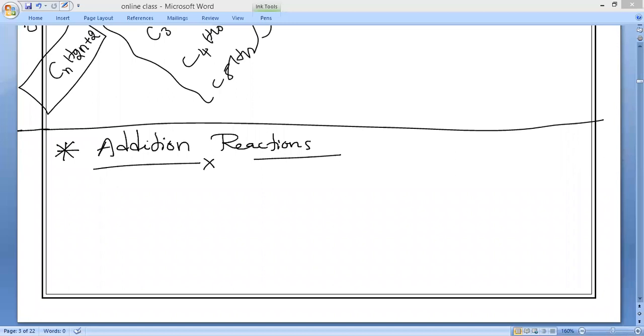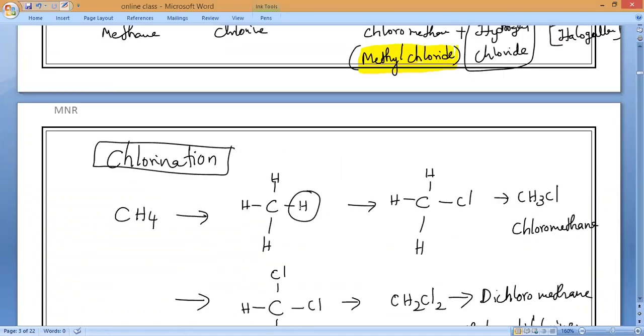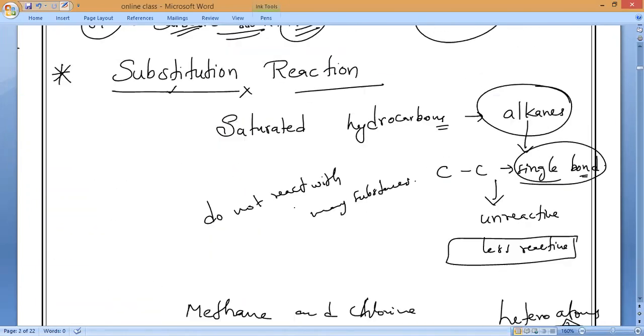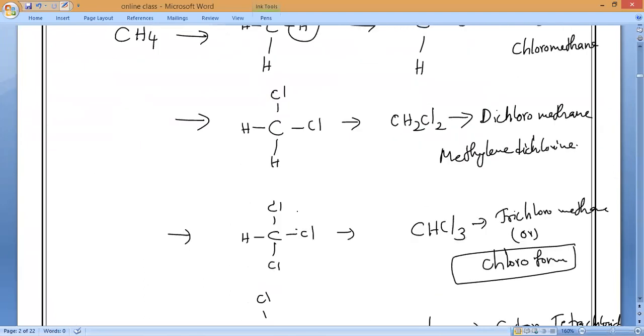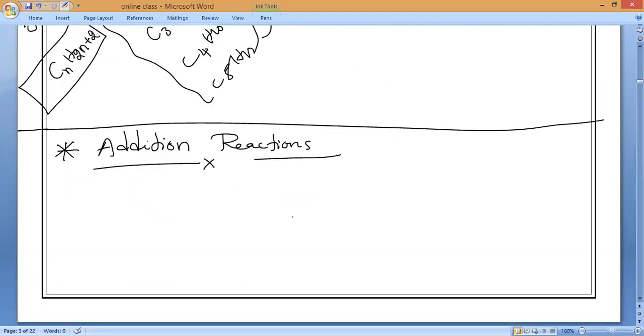Saturated hydrocarbons. Now, coming to addition reactions, they are for unsaturated hydrocarbons.